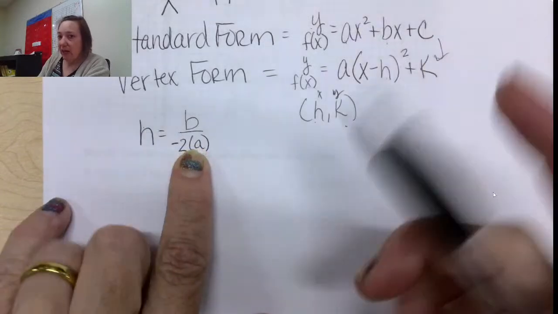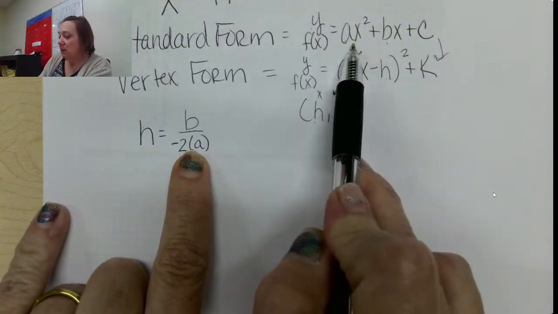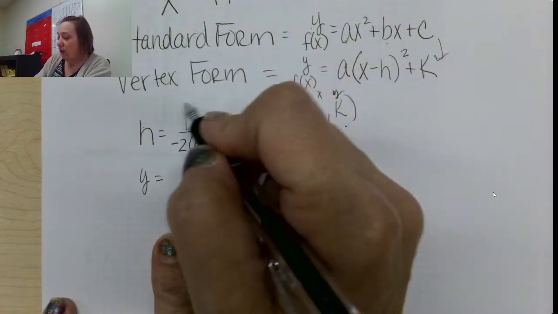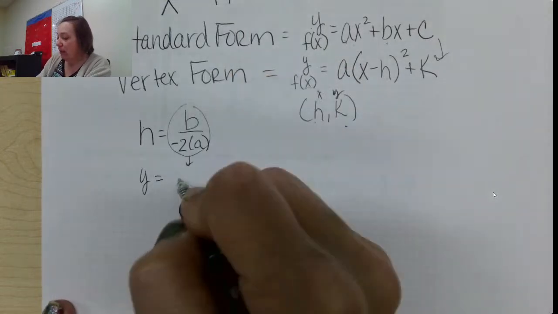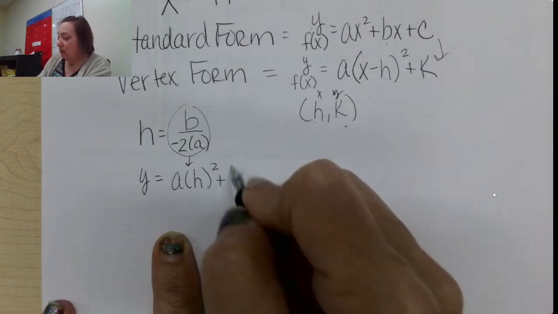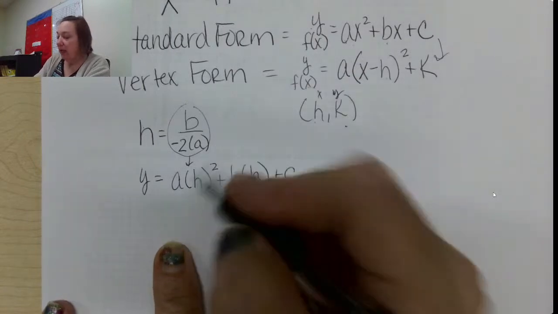So we're going to take that value, and we're going to plug it in our equation for x. So we're going to take whatever our y equals is, and whatever this is, we're going to put down here where x is. So we'll have this. And that will give us our k value.